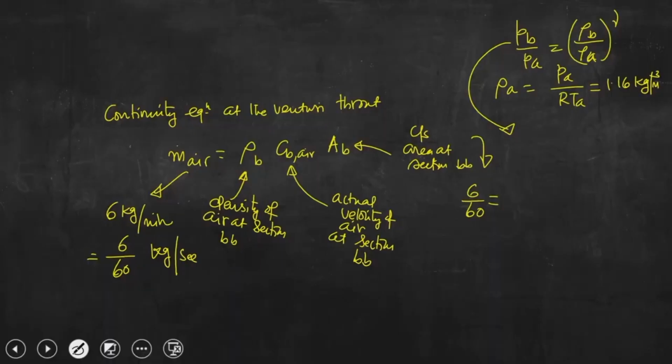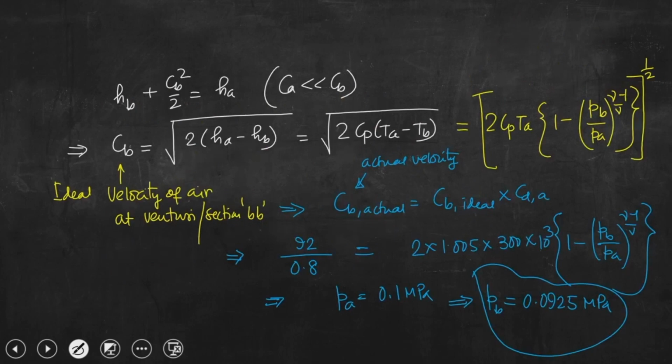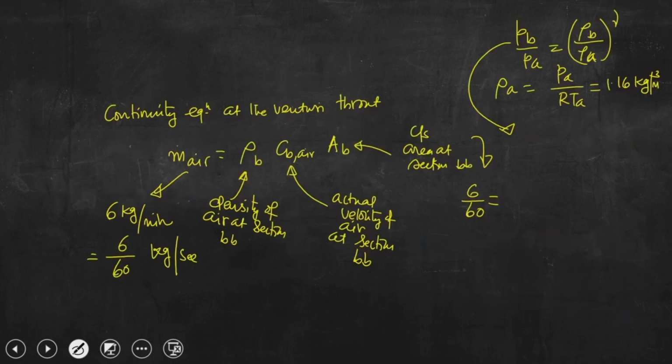PB we have calculated from the previous slide. If we plug in the values of PB, PA and rho A, we can find rho B of air at section BB, and that is 1.097 kg per meter cube.